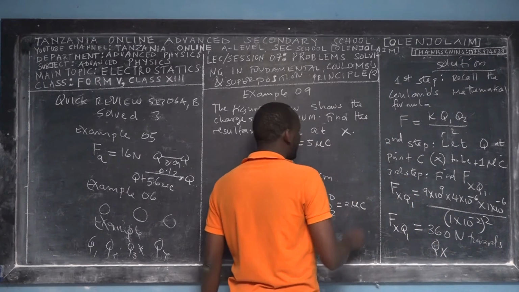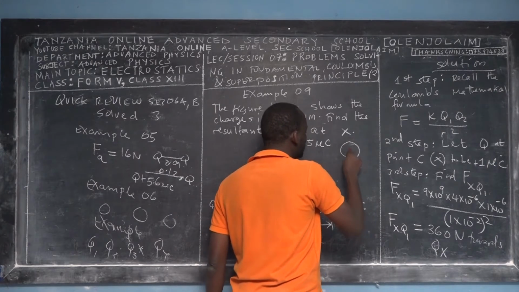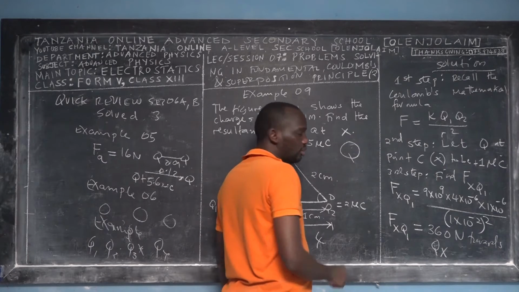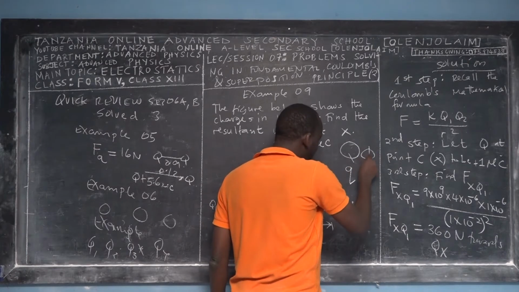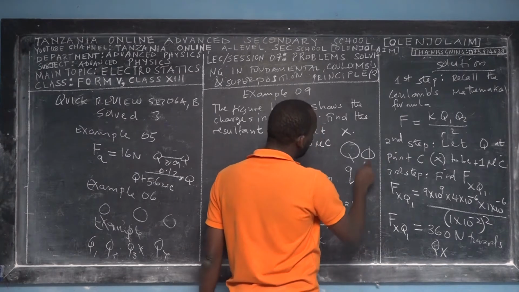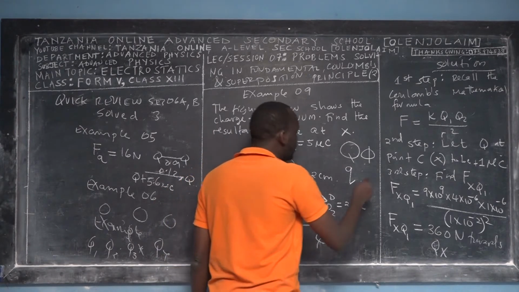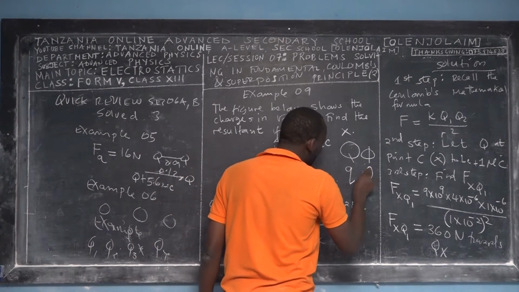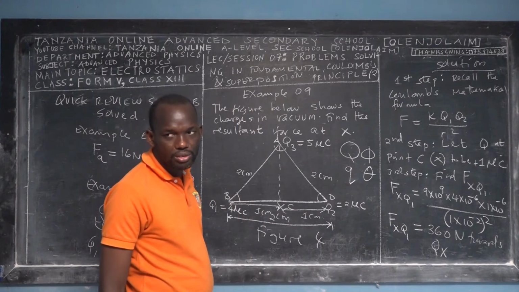You have to be careful. The symbol for the charge is capital Q or small letter q. Some of the students write this, but it's not a quantity of charge. This is another Greek letter which we call star. Some students write this one, but this is theta, not the quantity of charge.